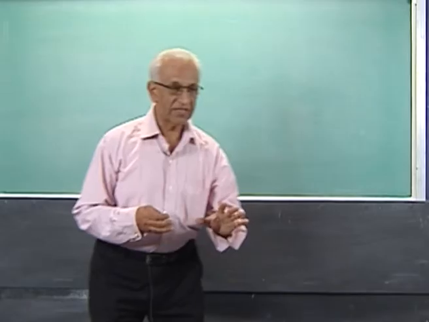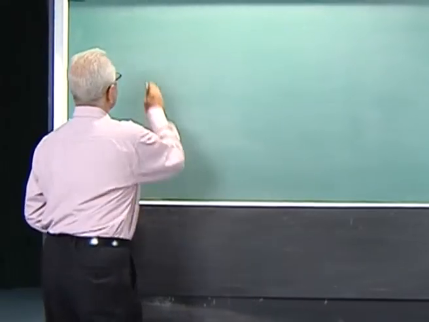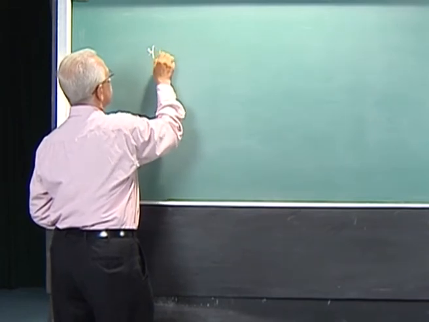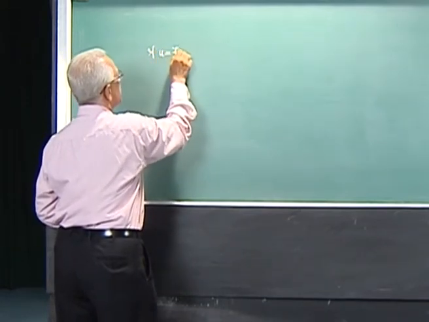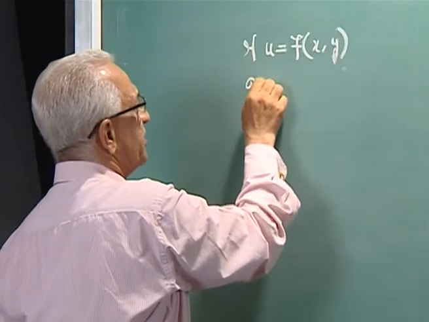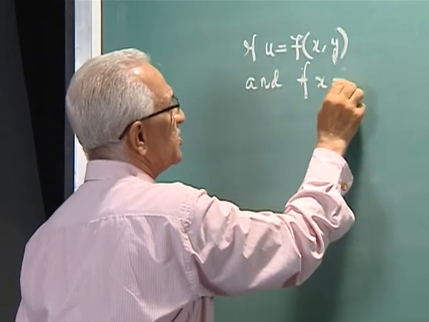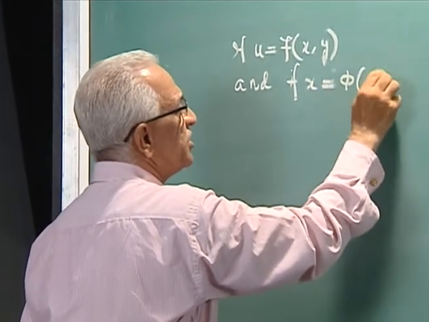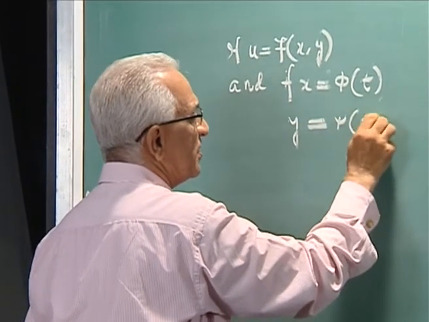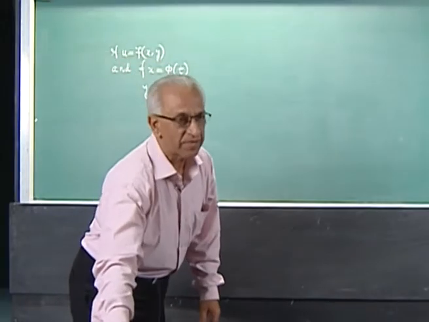So we begin with something like this. As we started earlier, if we have a function u that we have designated as f of x and y, and further, now this is the new thing, and if x is any function of t and y also is another function of t, mind it, t is a variable, or in other words we can call t as a parameter.